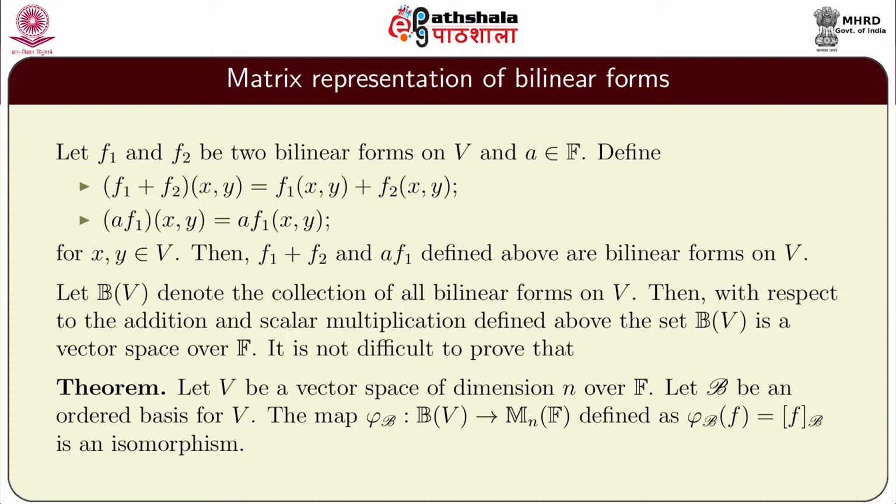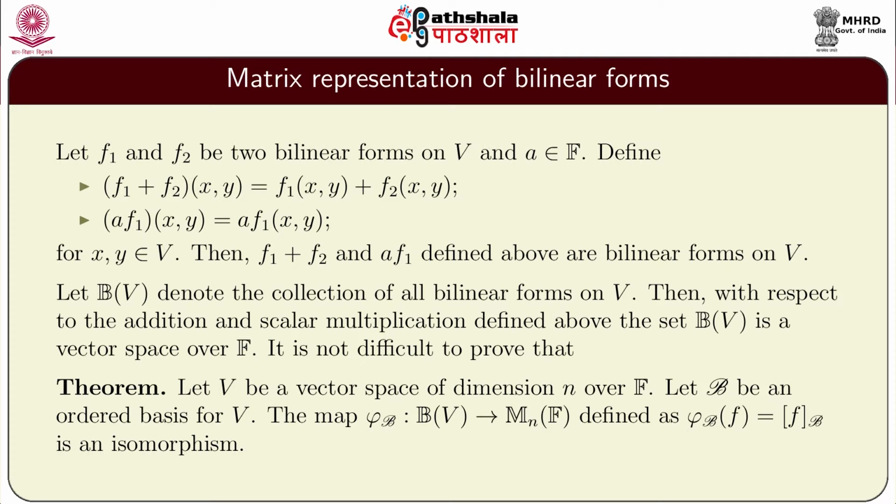Let us use the notation B(V) to denote the collection of all bilinear forms on the vector space V. Then, with respect to the addition and scalar multiplication defined above, the set B(V) is a vector space over F. That's easy to check.